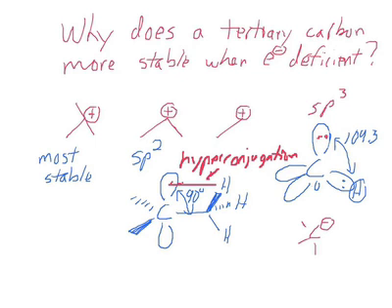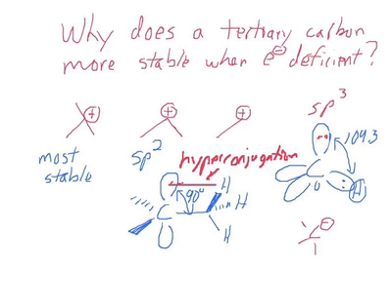This sigma bond can help out and give some electron density to that empty p orbital. Now, are any bonds being broken in hyperconjugation? No. But the more hyperconjugation you have, do you think it's going to make it more or less stable?